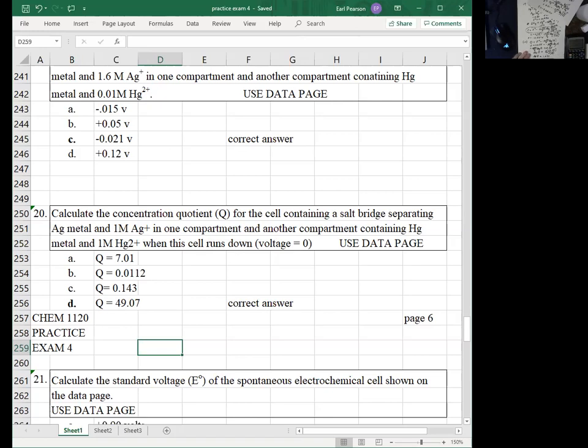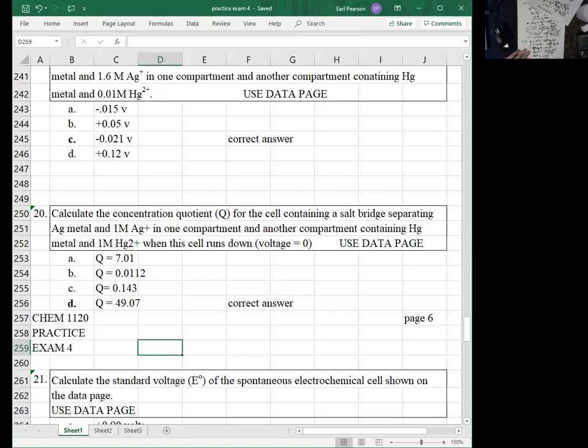Okay, and Q is going to be 10 to that power, 10 to the 1.692. The answer is 49.2. Oh, 49. Yes, I got 49.2.